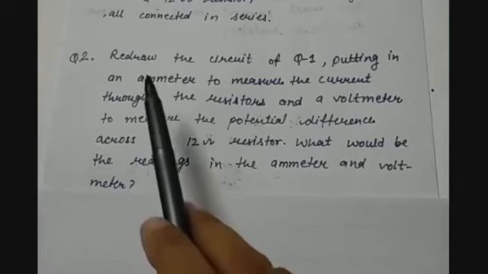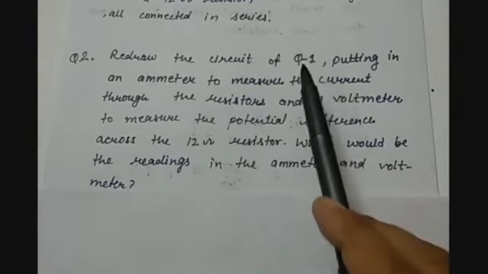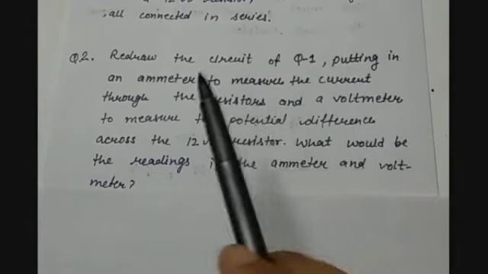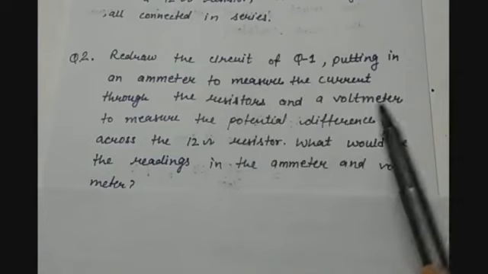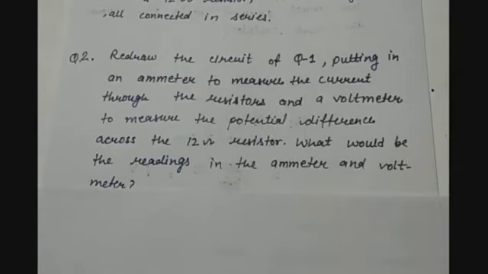Question number 2 is: redraw the circuit of question number 1, putting in an ammeter to measure the current through the resistors and a voltmeter to measure the potential difference across the 12 ohm resistor. What would be the readings in the ammeter and voltmeter? So what we have to do is redraw the circuit of question number 1 and measure the current and the potential difference.